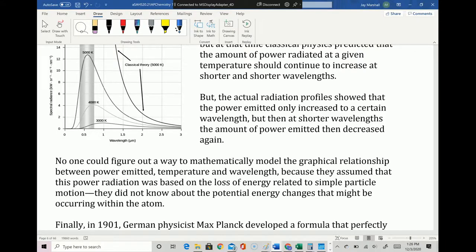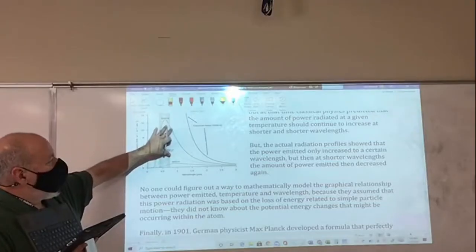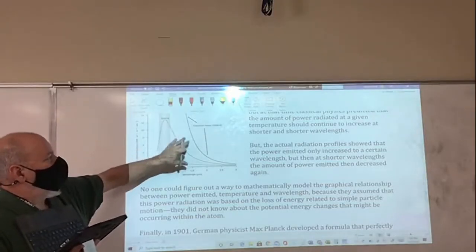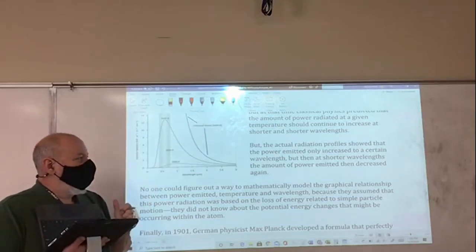Classical physics only considers the motion of particles that we can actually see. Classical physics doesn't consider what happens at the level of an atom. And what's going on here was occurring at the level of the atom, not what classical physics could see.